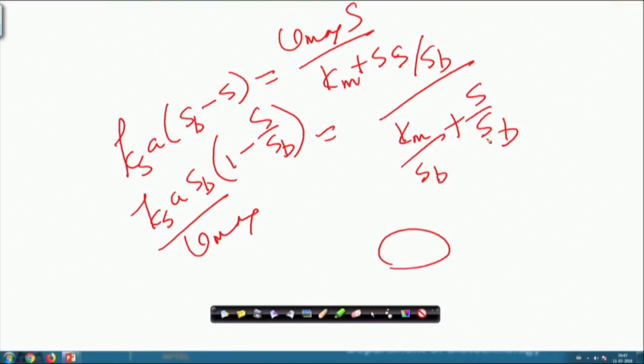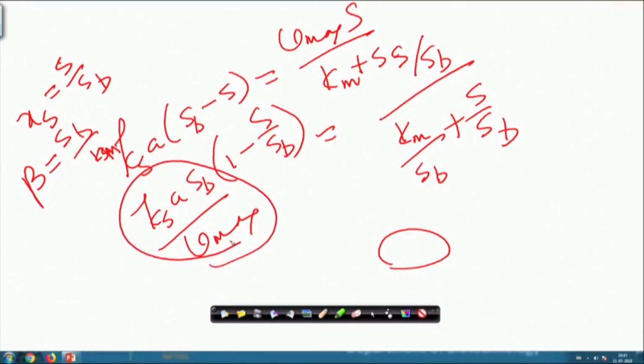I can take 1 by Sb common. So if I assume Xs equal to S by Sb, and beta equal to Sb by Km, and this we know as the Damkohler number.